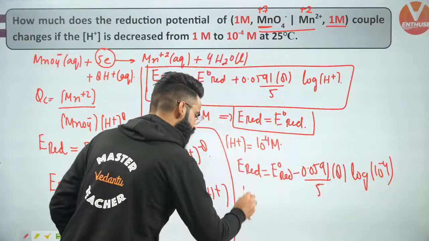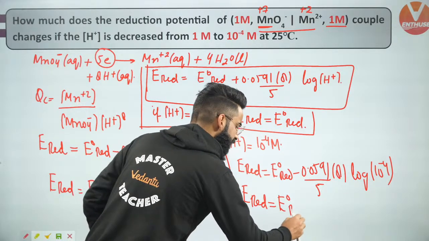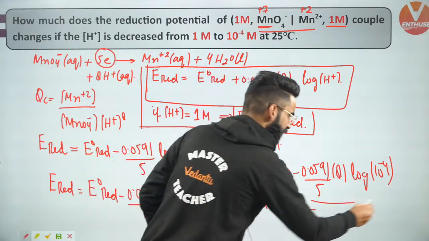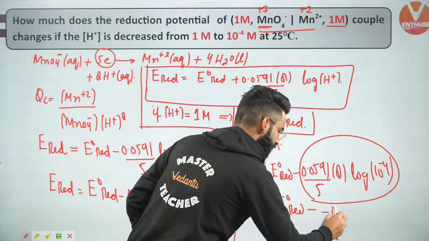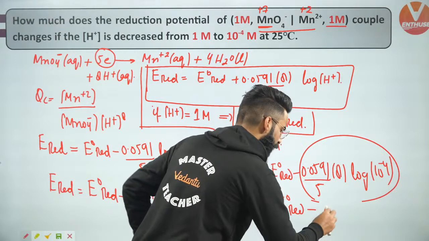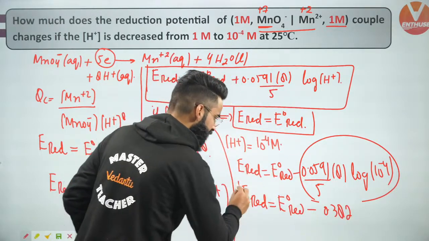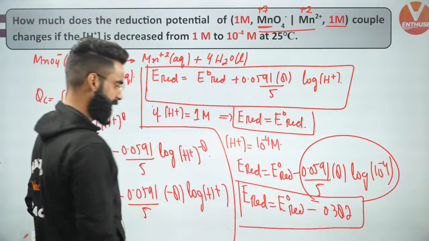Right? Now people, you'll get it like this. Reduction potential will be equal to E naught RED minus this value. When you solve it, you'll be getting it as 0.382 right here.